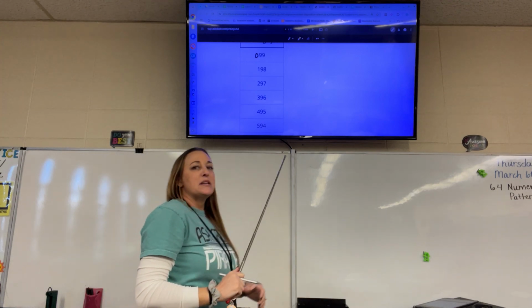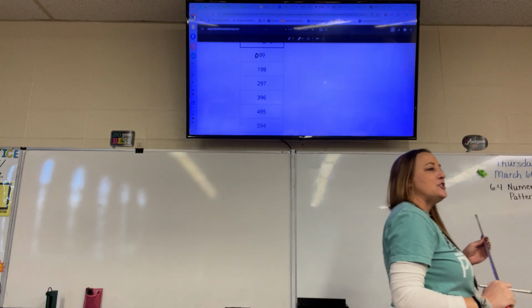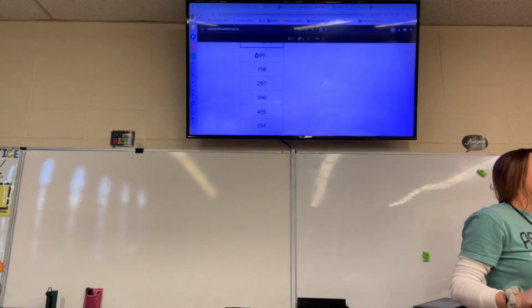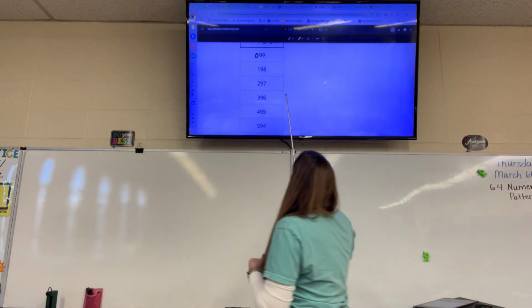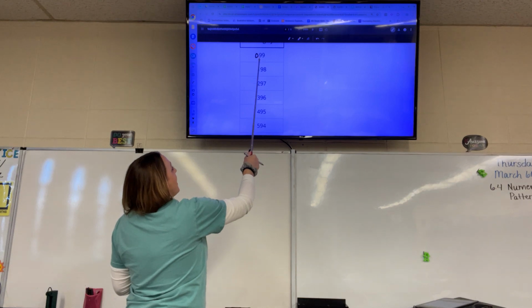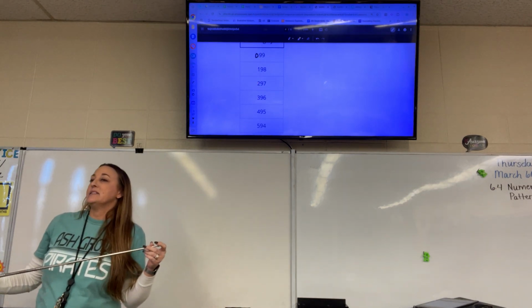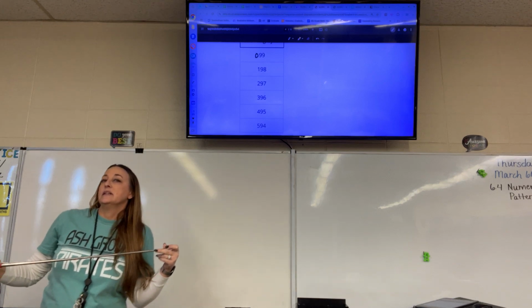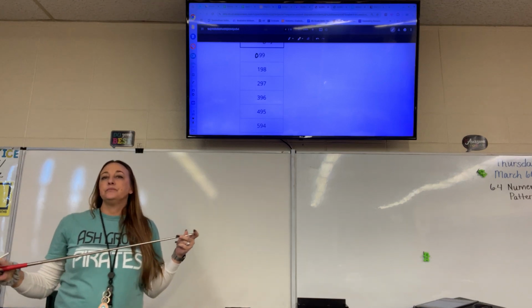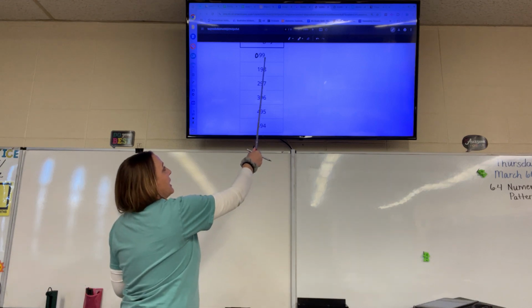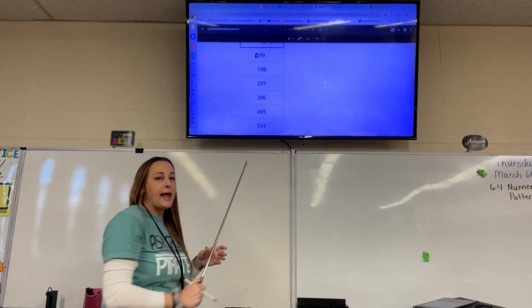Okay, what do you notice about the tens place digit? Colton? It stays the same. Always, right? Very good. Okay, and then what do you notice about the ones place digit? Devin? It gets smaller by 1. Exactly right. It gets smaller. 9, 8, 7, 6.